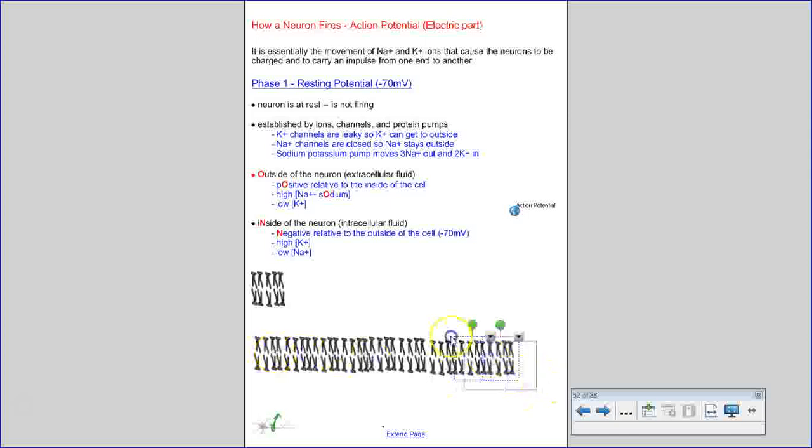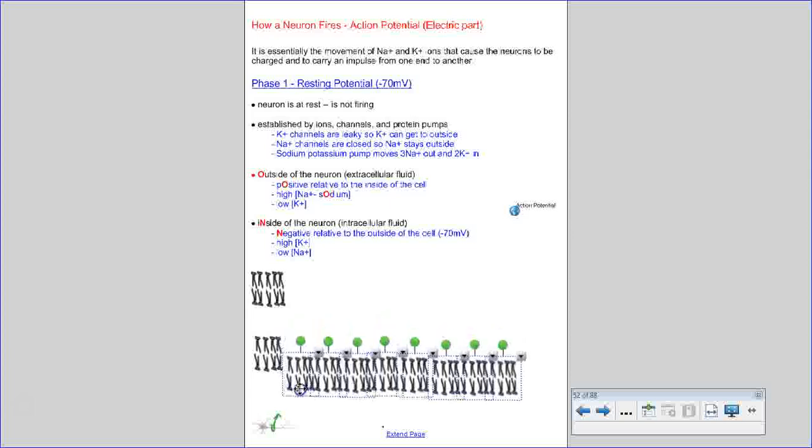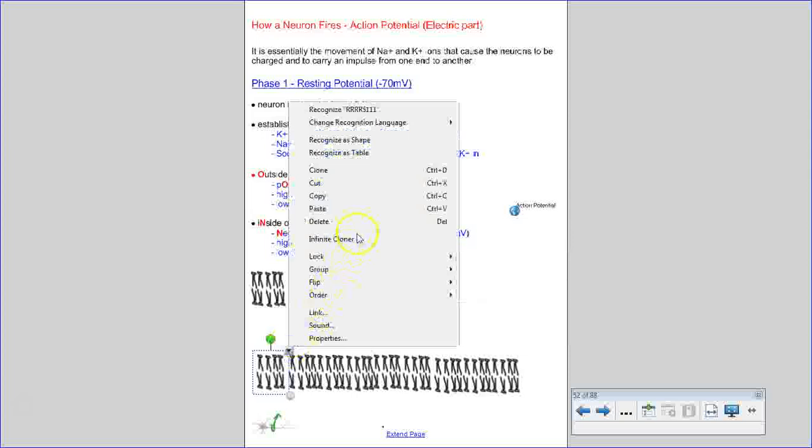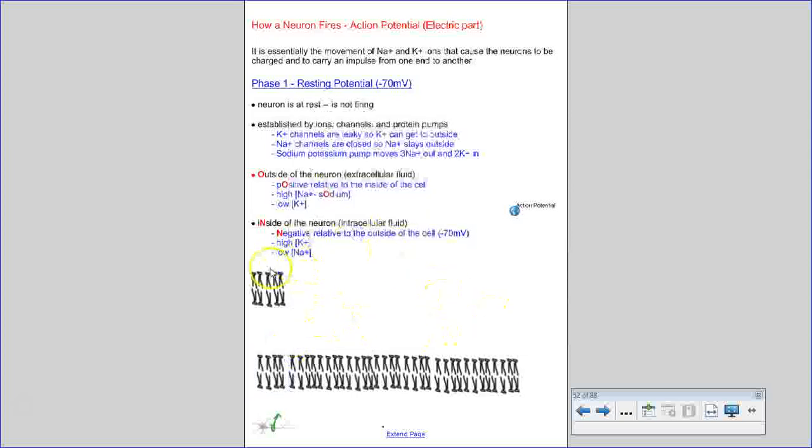Okay, so we'll just say this is the bottom. And we have a little bit of space. Okay, and then this part here is the top part of the neuron.